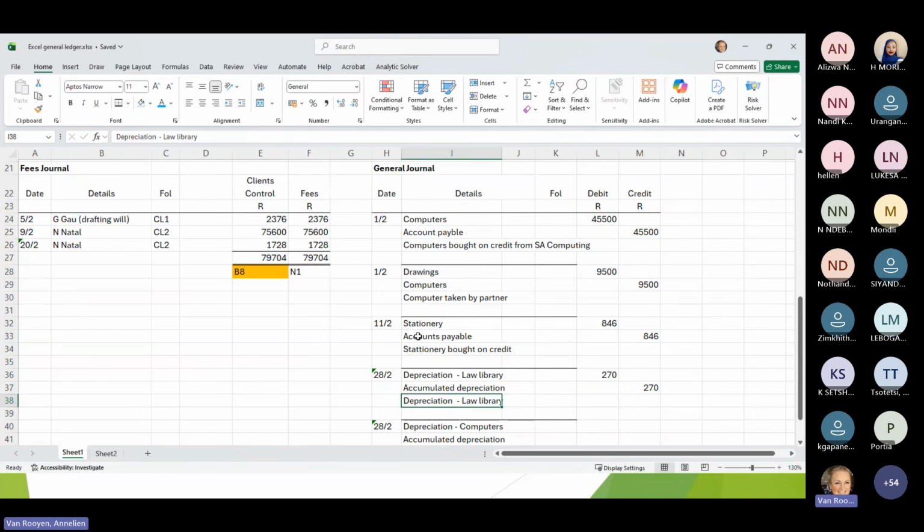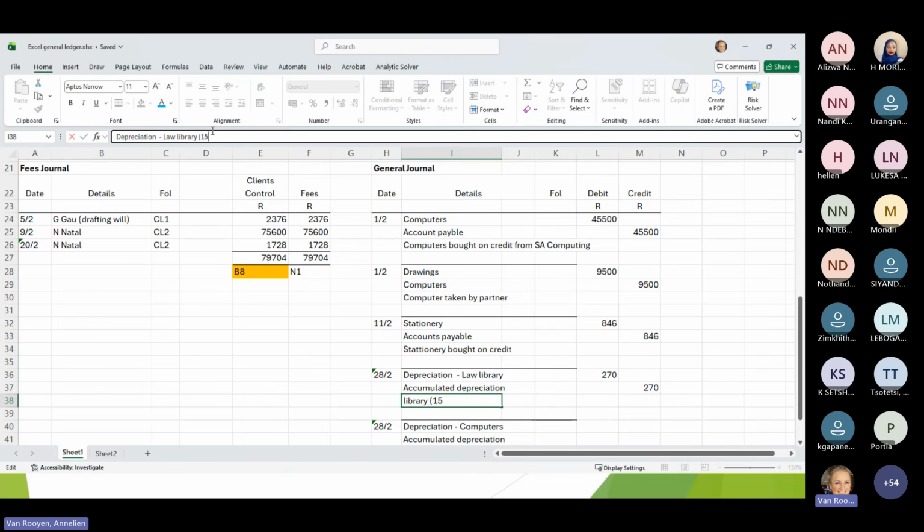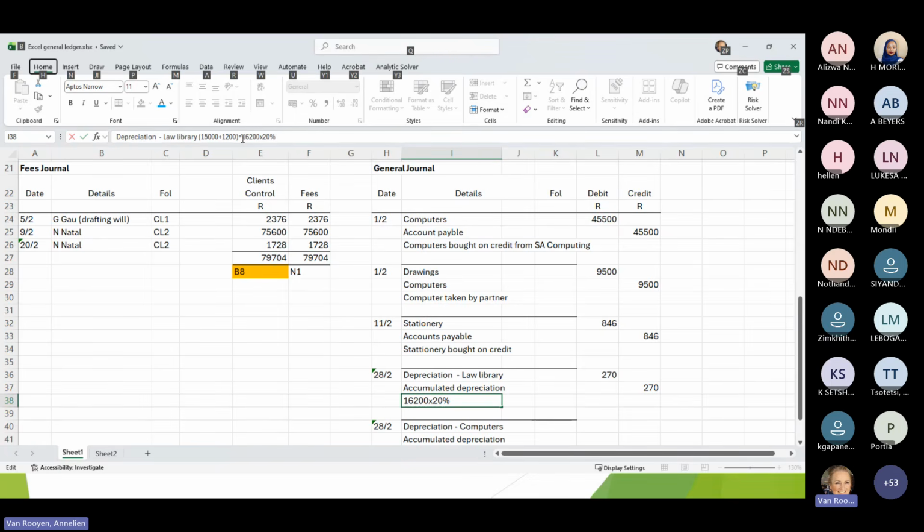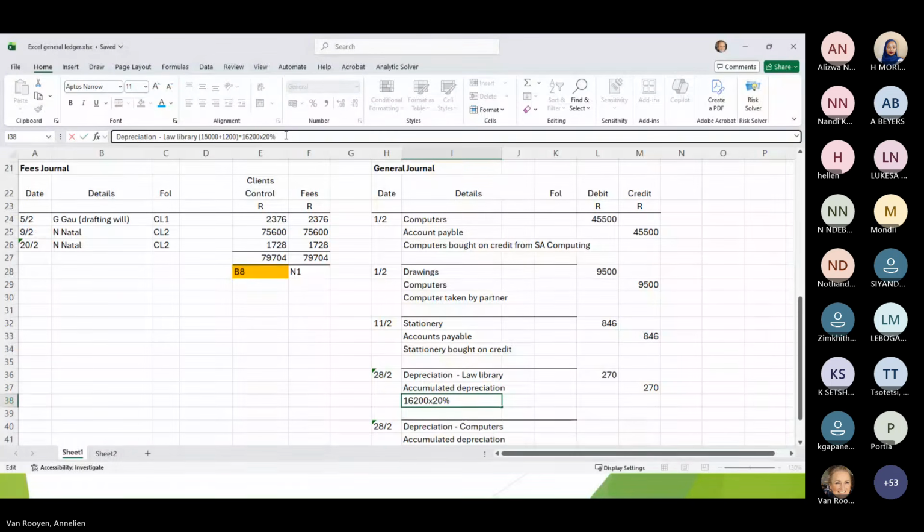And the explanation there is 15,000 plus 1,200 equals 16,200 times 20% and then divided by 12 for 12 months.